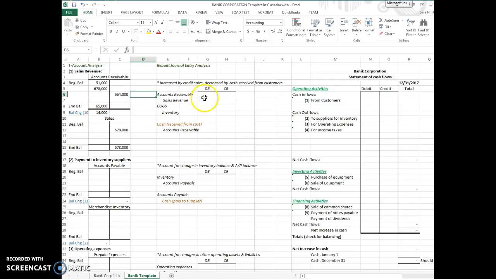So I'm going to go ahead and off in the middle, I'm actually going to rebuild the journal entries just to further drive the point home of the entries that must have taken place for us to be able to determine what that cash exchange was.